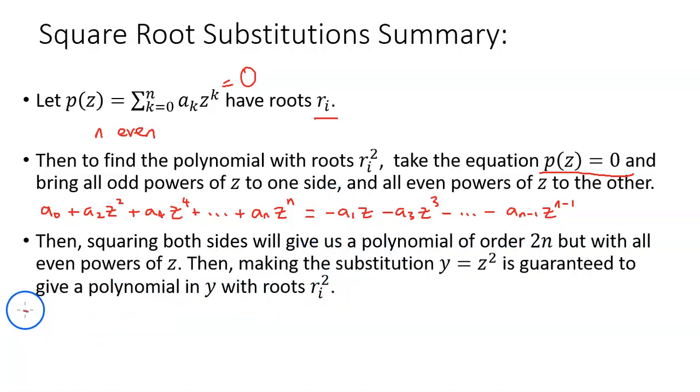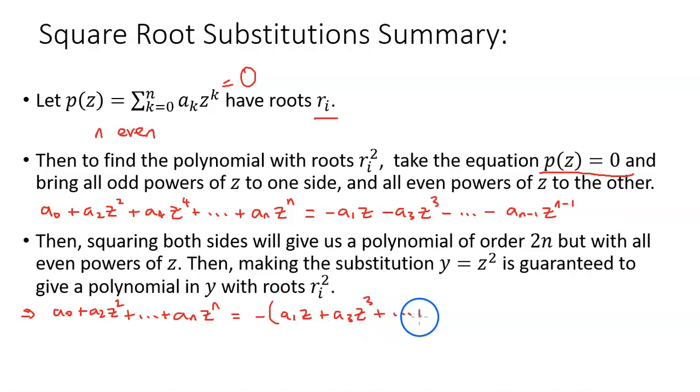So a0 plus a2 z squared plus an z to the n is going to be equal to the negative of a1 z plus a3 z cubed plus dot dot dot plus a(n minus 1) z to the n minus 1.